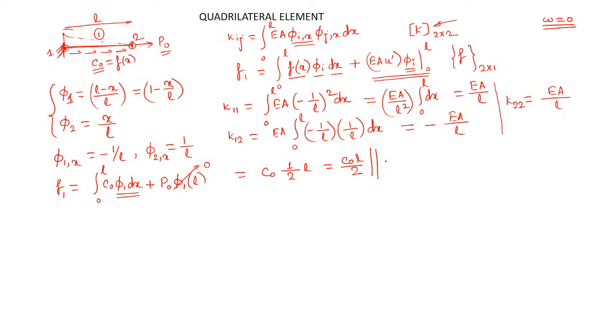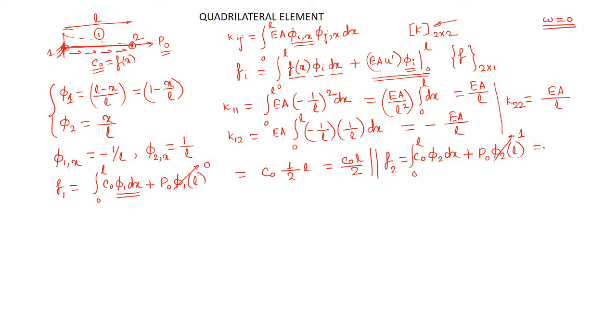Similarly, if I calculate F2, it will be the same, because C naught into integral of phi 2 dx from 0 to L, plus P naught phi 2 at L. And what is the value of phi 2 at L? The value of phi 2 at L is 1.